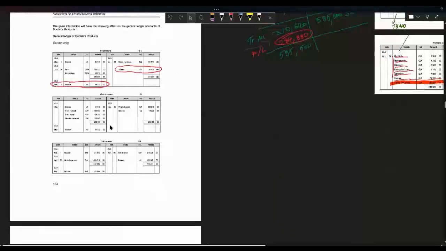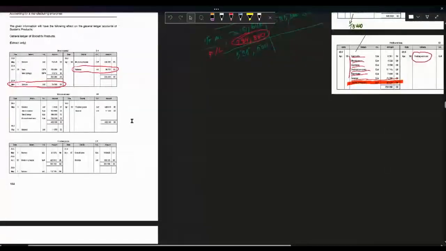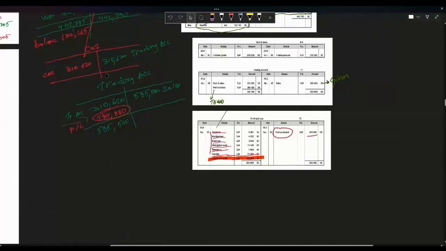When you look at the profit and loss, the insurance that is used is the one that belongs to the administrative offices, right? So not to be confused with manufacturing overhead. These are admin overhead, or admin, marketing and advertising cost, right?